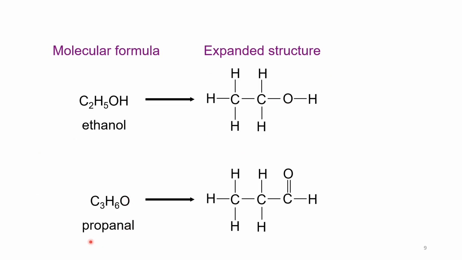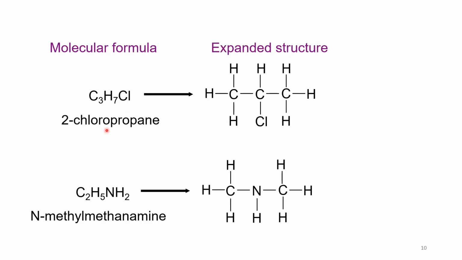Okay, so the next example is propanal with the formula of C3H6O. First carbon is attached to 3 hydrogen atoms, and then the second carbon is attached to 2 hydrogen atoms. Next, we have a carbon double bonded with oxygen and also single bonded with hydrogen. So this is the expanded structure for propanal.